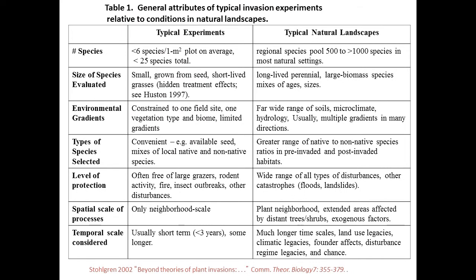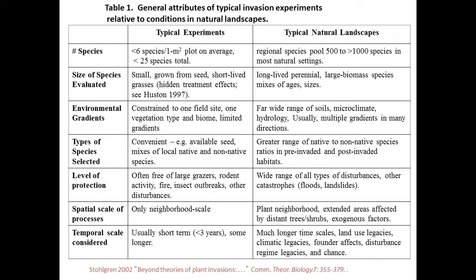So when we look into how most of those experiments on diversity and invasion are constructed, we find that they use a small number of species, usually 6 or less, and fewer than 25 species total in the experiment. Meanwhile, natural landscapes may have 500 to 1,000 species, so we're not really sure if those 6 or 25 species selected for experiments are similar to those elsewhere in the landscape.